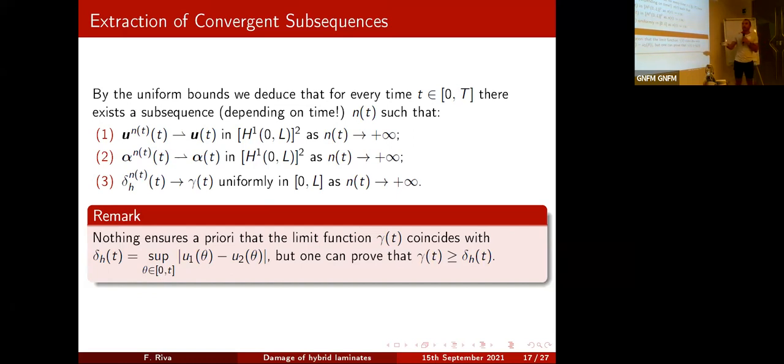So that's why it's easier to introduce this weaker notion of solution. However, one can always prove an inequality. So this limit function gamma is always greater or equal than the proper history slip. And in general, one would think that equality is always true. And that's something we are not sure about.